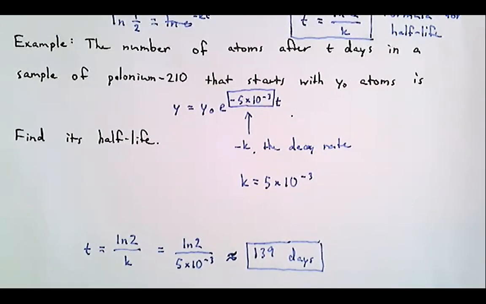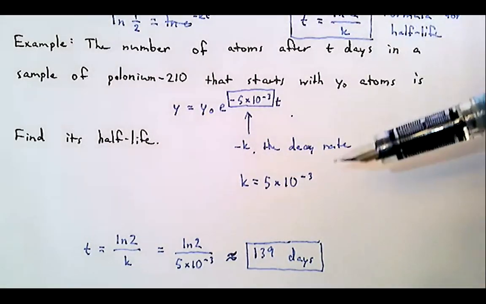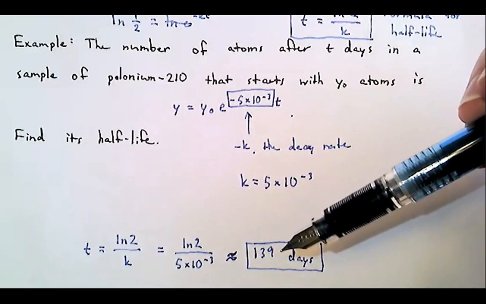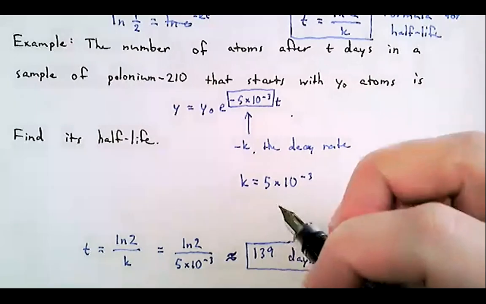And the reason why this particular element is dangerous, why it could have been used to poison people, is related to this half-life of 139 days.